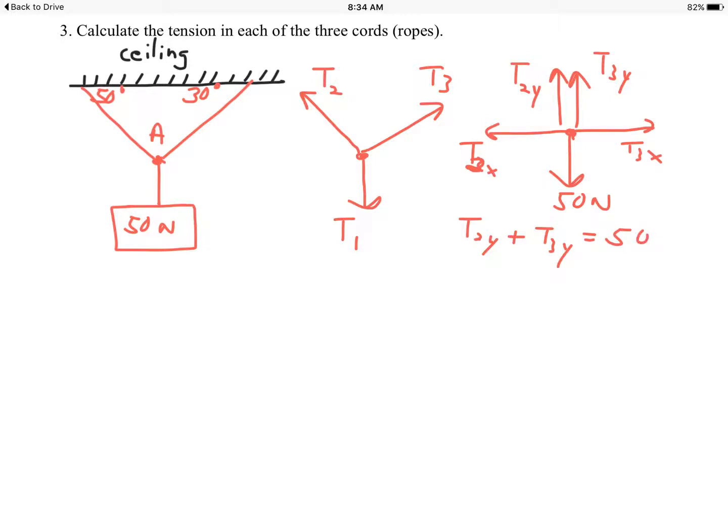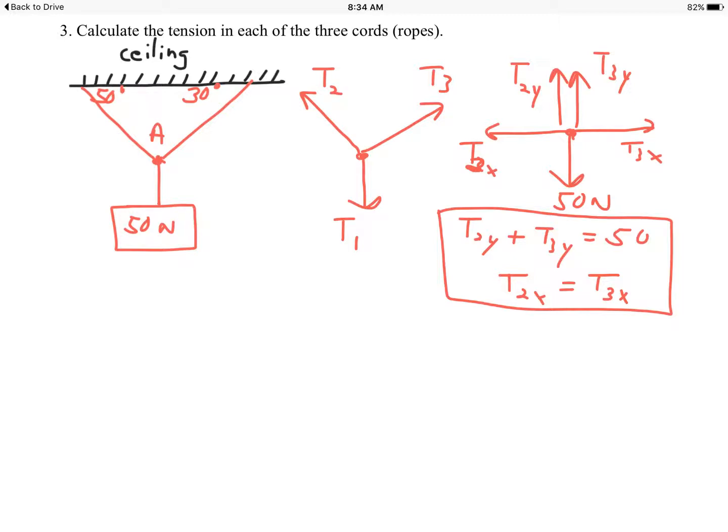And they're not equal because of the different angles. We also know, or can write at least, T2x equals T3x. I'm going to just box those up right now and come back to them, because basically we have 4 unknowns right now. Now let me go to the vector component diagrams.